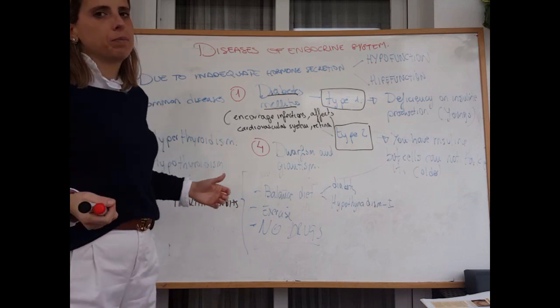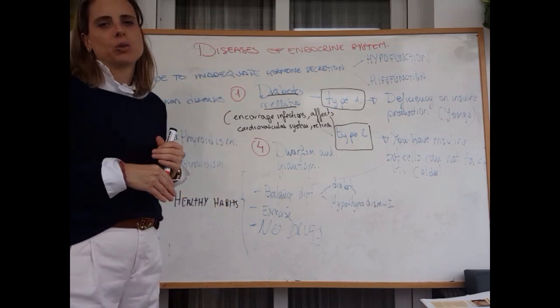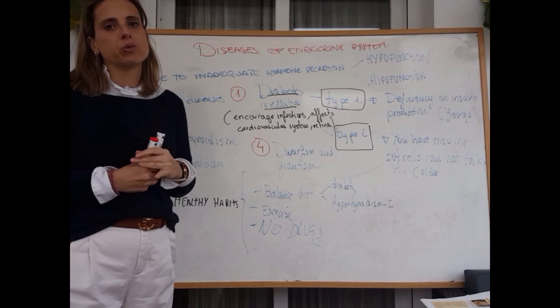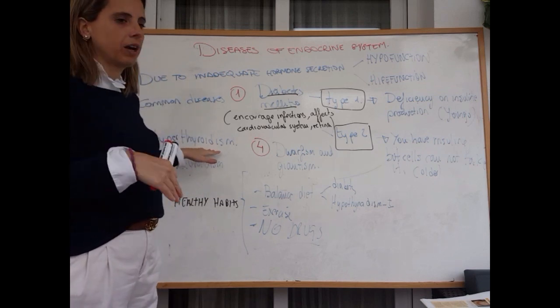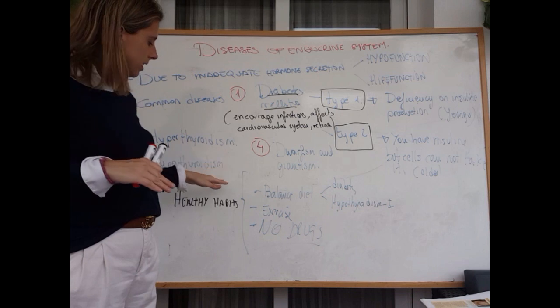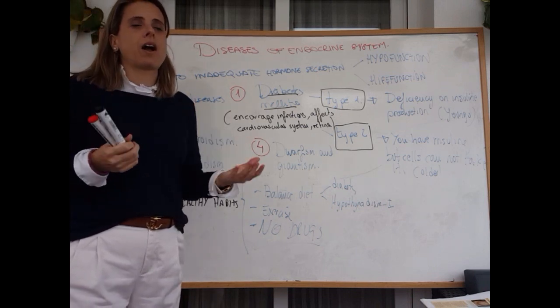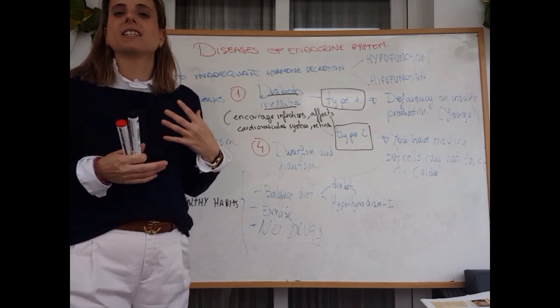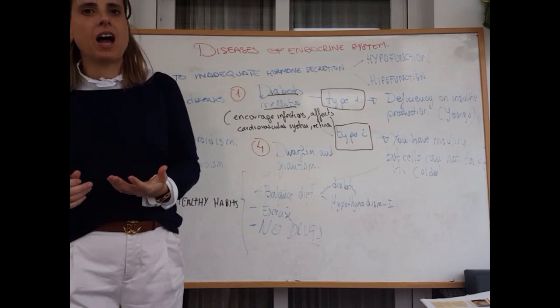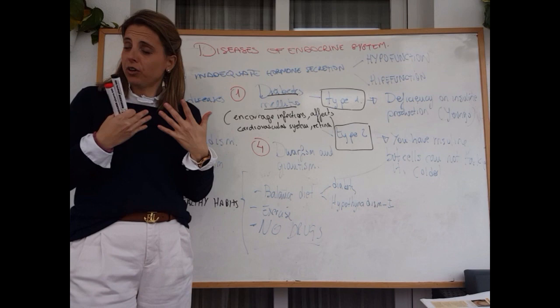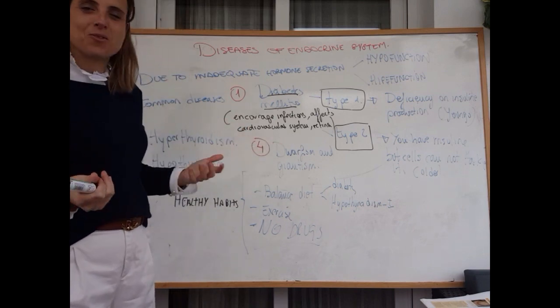Hypothyroidism, as you know, hypo means low secretion of the hormones. So in hyper we have too much of the hormone, and hypo means that we don't have very much. So it's easier for a person that has hypothyroidism, for example me, to gain weight.